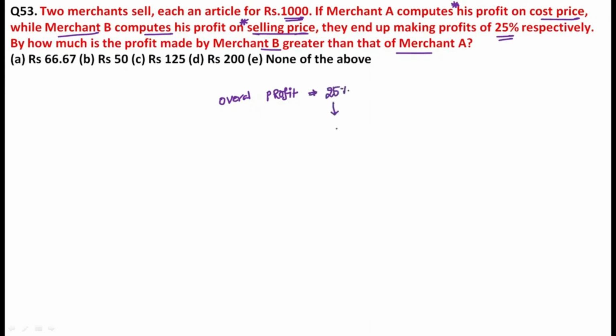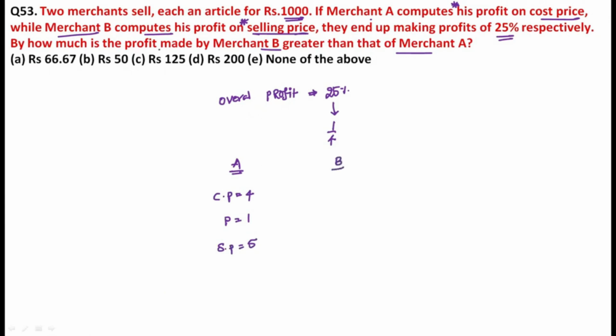Now 25% means the value becomes 25 by 100, it is 1 by 4. Now merchant A, if it is 1 by 4, always the comparison value is the cost price. Why? Because merchant A computes his profit on cost price. If cost price is equal to 4 units, now the profit is equal to 1 unit. Now the selling price is equal to 5.